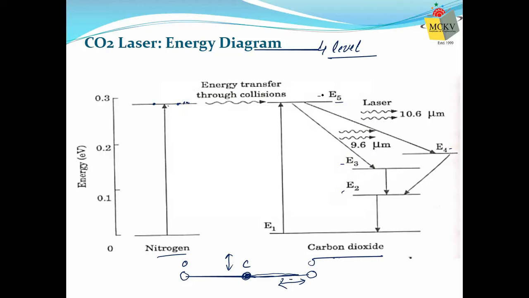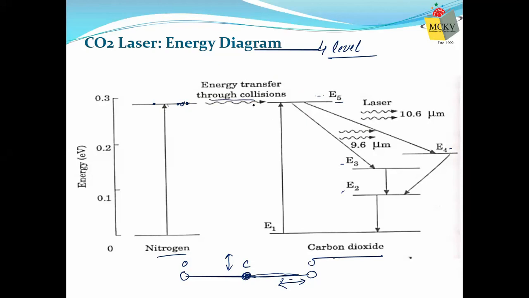This E5, the fifth vibration energy level, is very close to the energy level of nitrogen. Therefore, whenever nitrogen atoms are excited here by the electric discharge, these excited nitrogen atoms or molecules, when they collide with carbon dioxide molecules, then energy transfer is possible through collision.